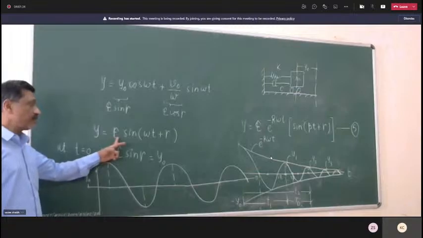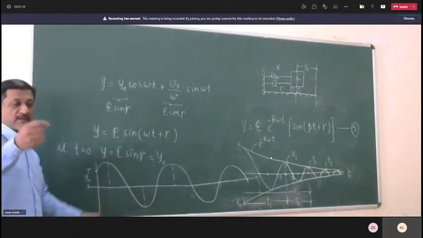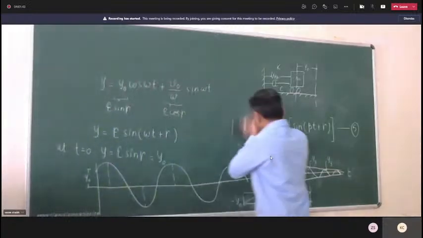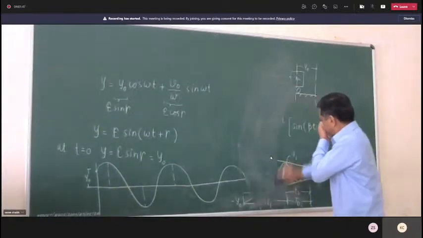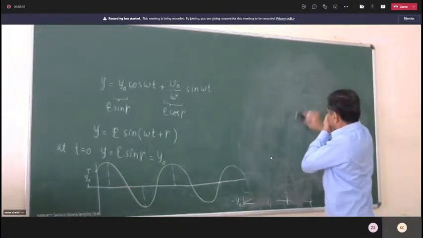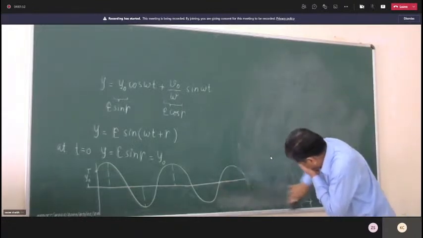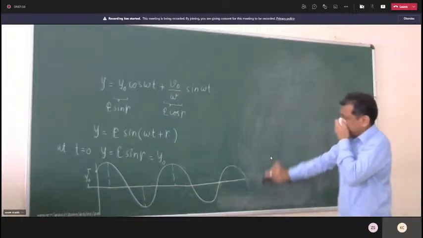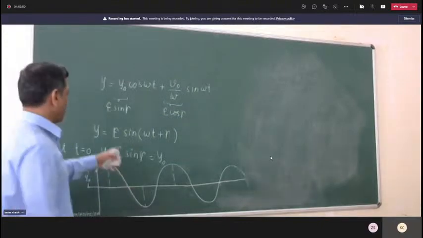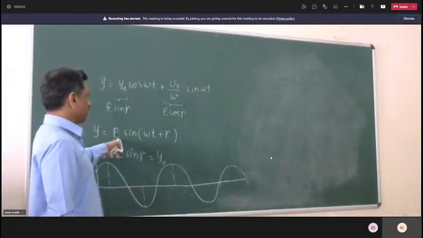Maximum amplitude is when sine is 1, that is E. So you can say maximum amplitude is E.